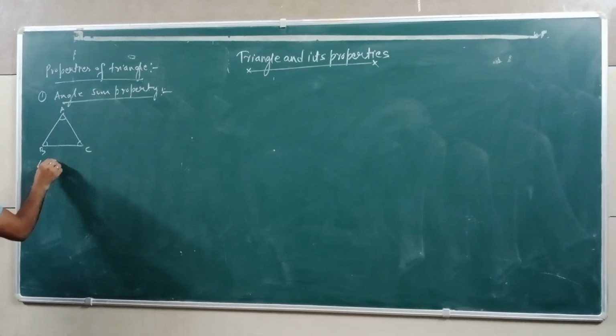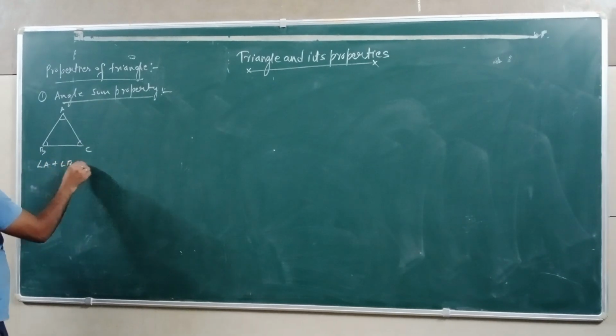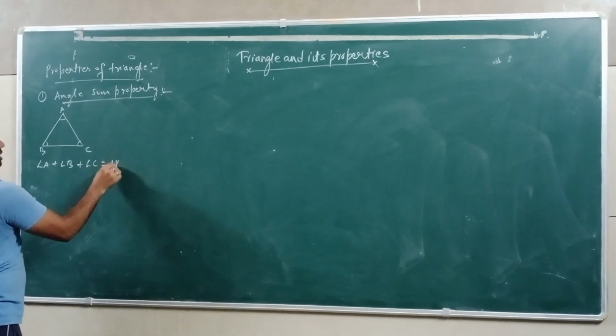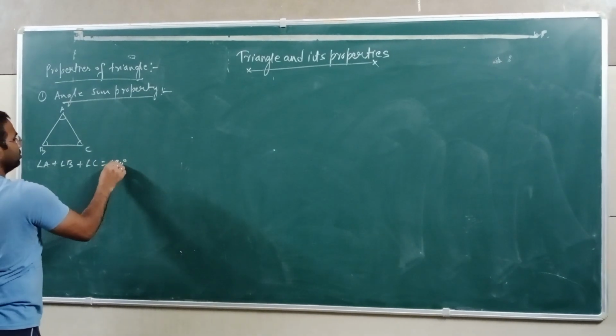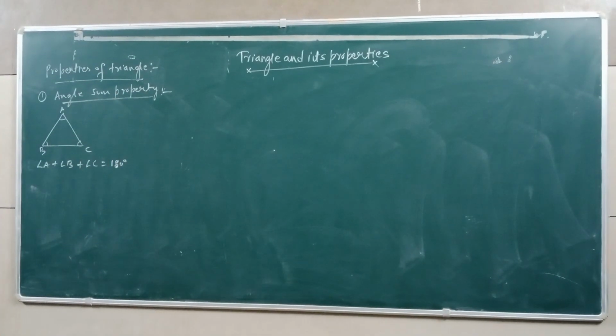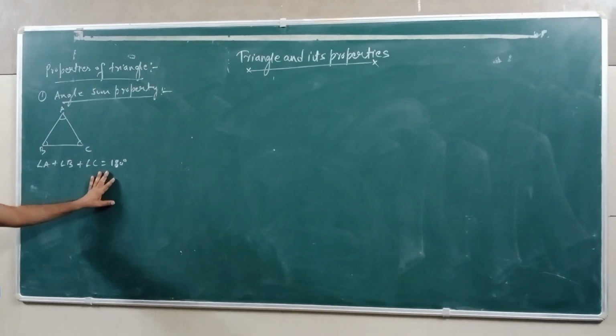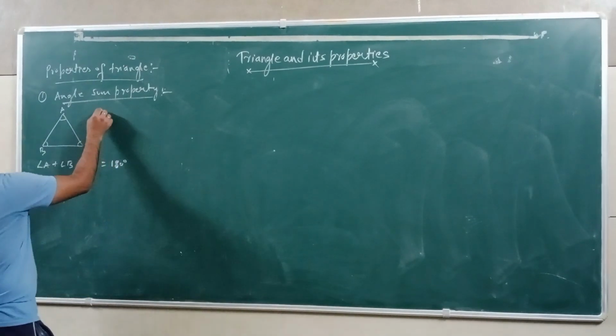So angle A plus angle B plus angle C will be 180 according to the angle sum property. The sum of all angles of a triangle is equal to 180 degrees. As there are three angles, if you take the sum of the three angles, it becomes 180.